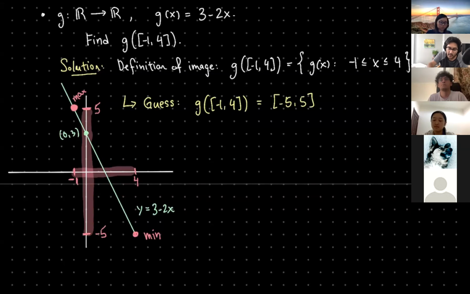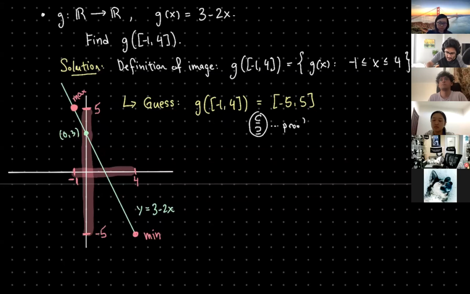Okay, so you might guess this, but that's not a proof, right? To prove that two sets are equal, I have to prove that A is a subset of B and B is a subset of A, right? So I have to prove these two things. Okay, so let's see what's going on.